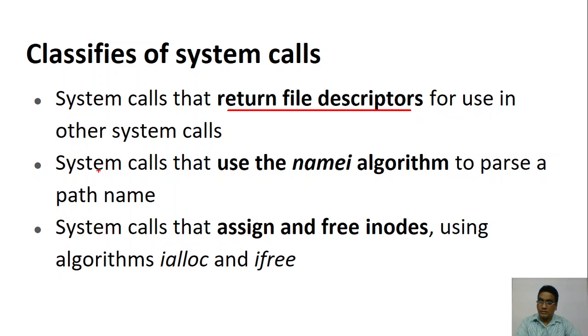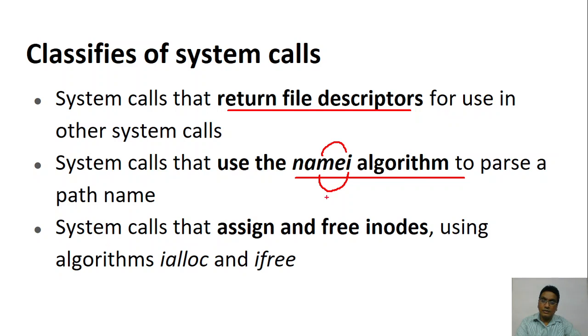There is another category of system calls which use one of the famous algorithms, that is the namei algorithm. This namei algorithm is used to map the file name to the inode or the inode to the file name. I have discussed this in the previous sections. If you want to know more about it, please refer to the previous videos.